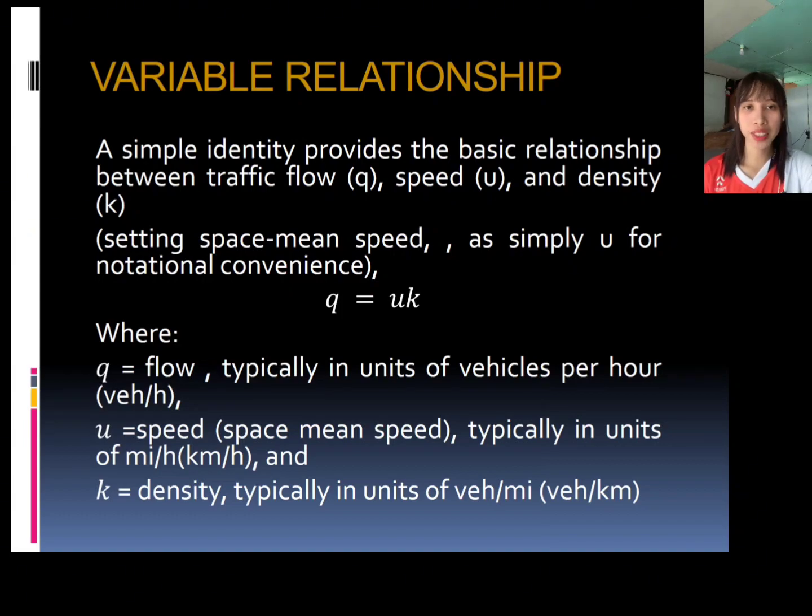It is expressed in the equation Q equals U times K, in which Q is the flow, typically in units of vehicles per hour, U is the speed, space mean speed, typically in units of miles per hour or kilometers per hour, and K is the density, typically in units of vehicles per mile.